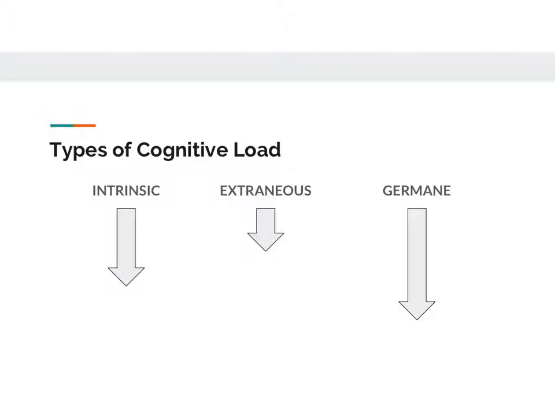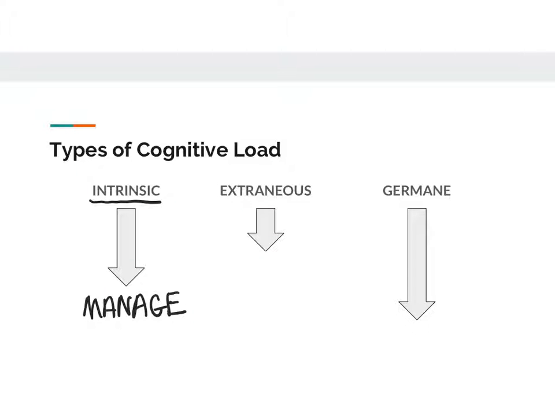So let's discuss the types of cognitive load that are happening as a learner is engaging with new material, as put forth by Sweller. The first type is intrinsic. The intrinsic load is just the inherent difficulty of learning a new subject for a student. As an instructional designer or teacher, we can't really change the amount of intrinsic load for a given topic, but what we can do is manage the amount of intrinsic load that a learner is having to deal with at any one time.